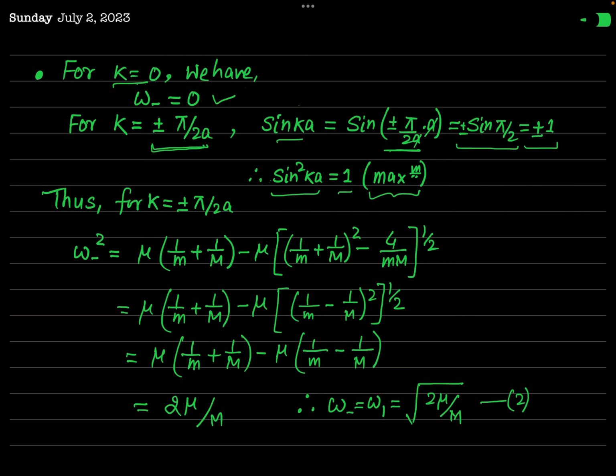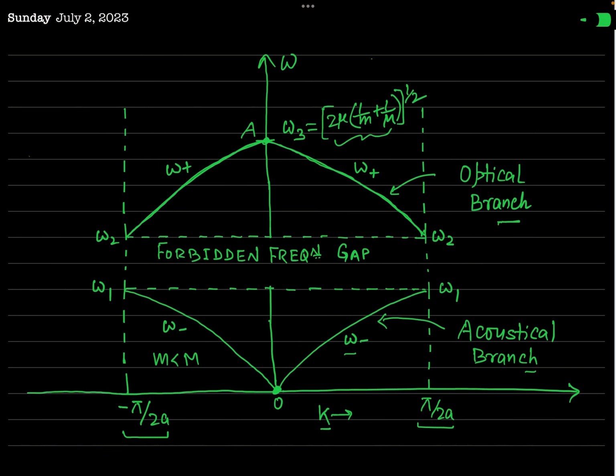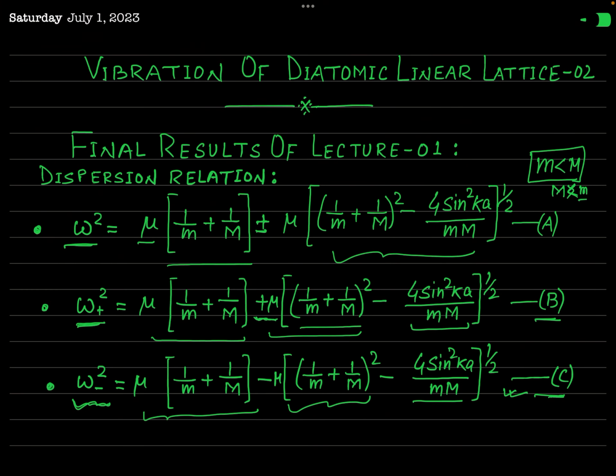So when you square it, that is sine square ka, that will be 1, and this is its maximum value. And when this is maximum, then omega minus will also be maximum, because you can see in this result that the last term will be at its maximum value, and we will subtract the maximum from this. And again I have to subtract from here.